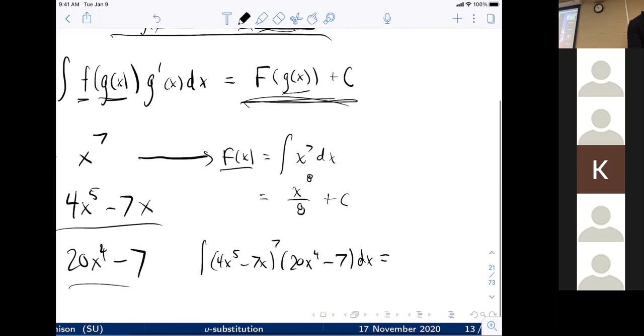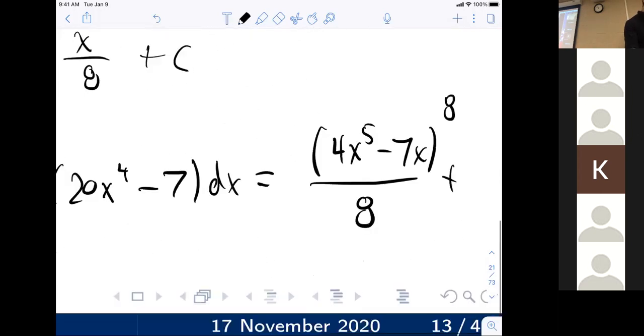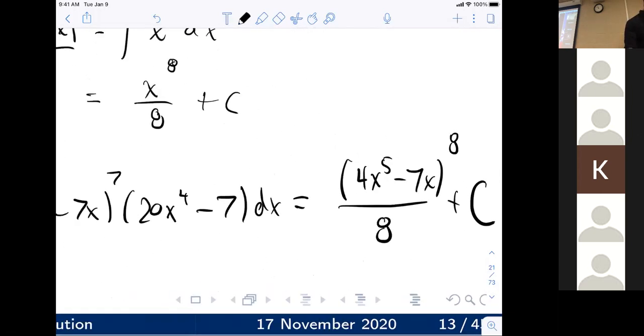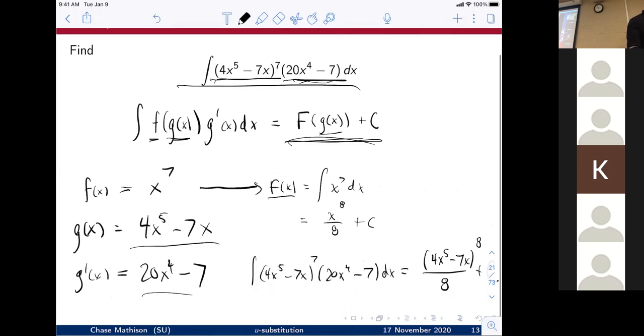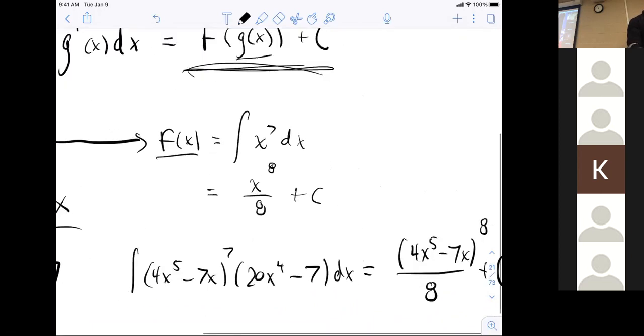So I'm going to take g of x to the 8th over 8. I plug in g of x into big F. Okay, g of x is 4x to the 5th minus 7x. Raise that to the 8th, divide by 8, plus some constant number, c. And we did it.